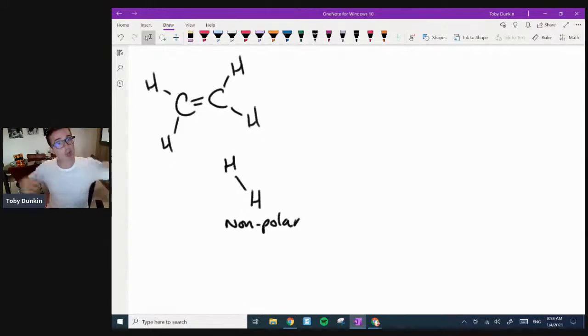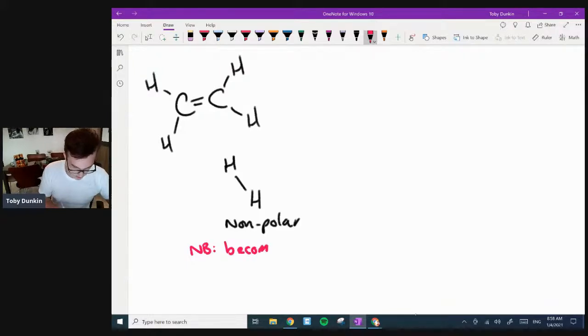The reason is on collision, when these molecules smash into each other, the electrons will repel each other and it will become a polar molecule. So non-polar, nota bene, becomes polarized on collision.